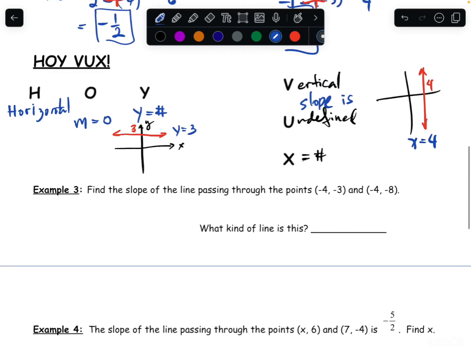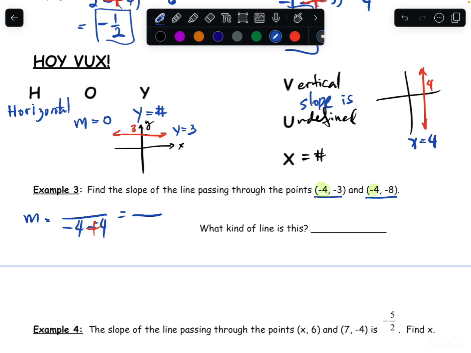Okay. Now let's look at this equation. Example 3. I have these 2 points. But notice that my x's are both -4. So what's going to happen is when I solve for my slope, it's going to be -4 minus a -4, right? So this becomes plus, right?